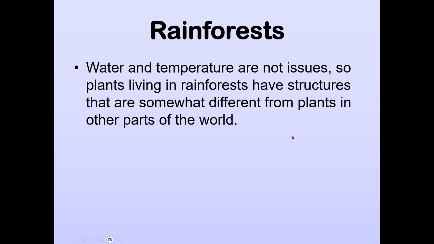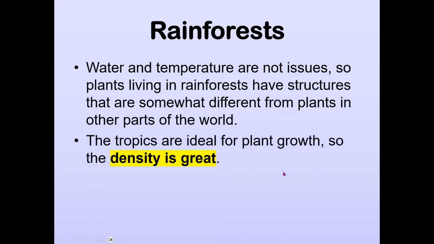Now, water and temperature in the rainforest are not a problem, and they have structures which allow them to survive there. But not all plants can survive in the rainforest, just like not all plants can survive in other ecological areas.